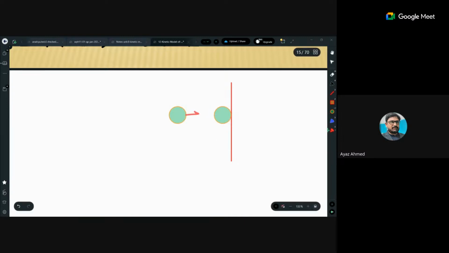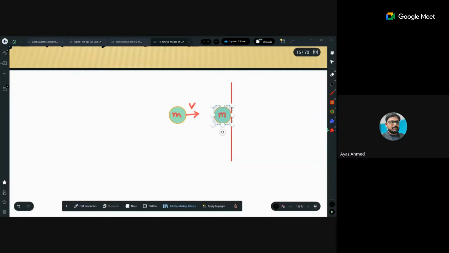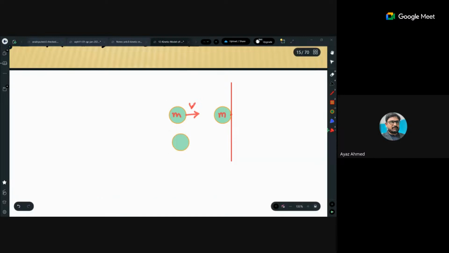This way, it has some velocity because its mass is m, its velocity is u. Now it is stopped. And then after rebound, it is reaching this point with a certain velocity in this direction. Then what do you think? What happens?